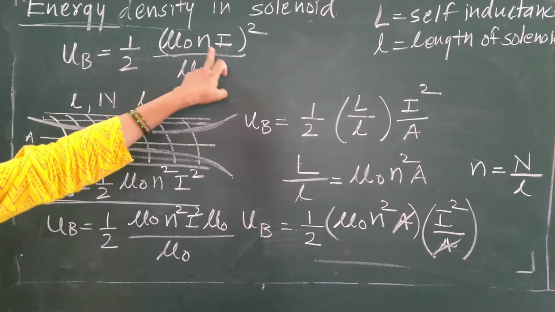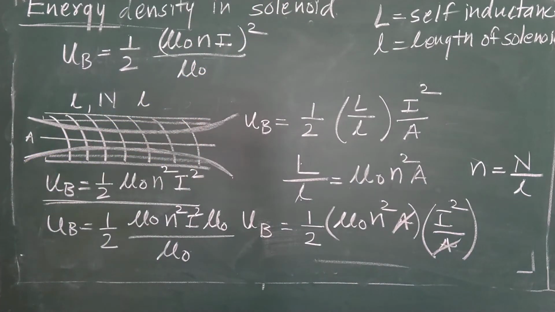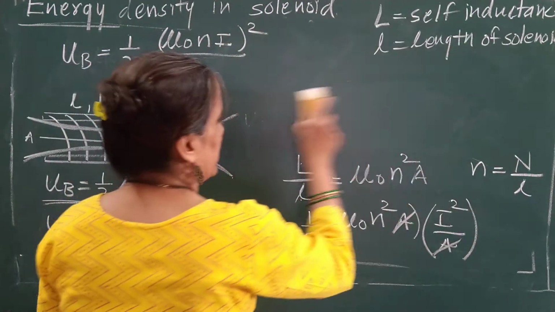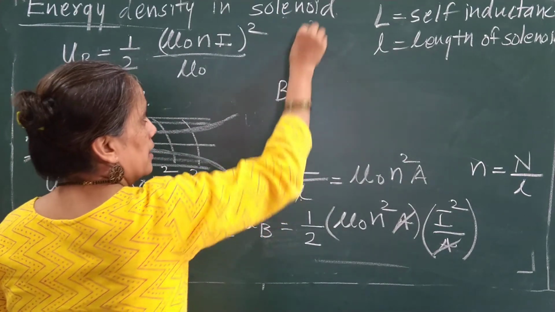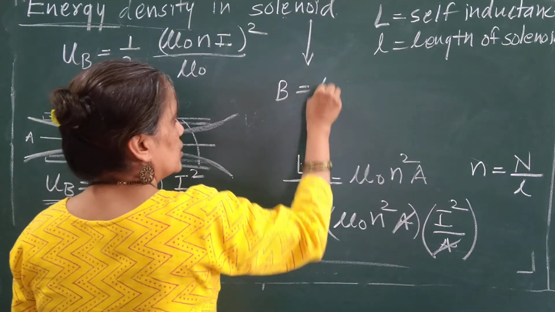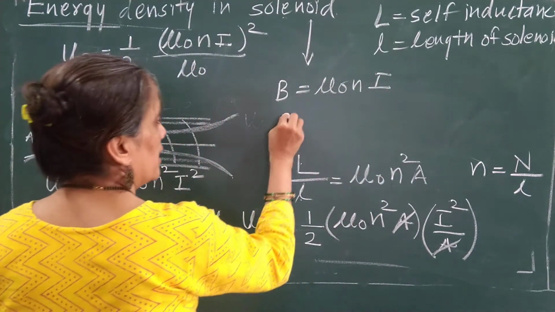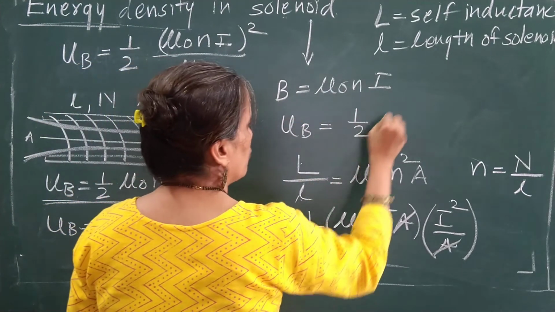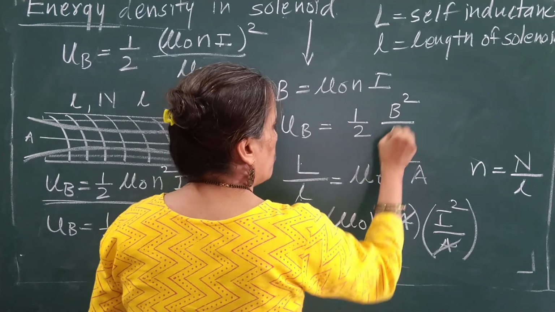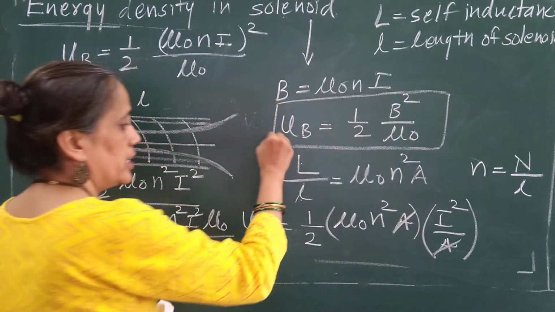And this mu0 n I is nothing but your magnetic induction inside the solenoid, which formula you have seen. So inside the solenoid your magnetic induction is nothing but mu0 n I. So energy density small u_B is equal to half B square upon mu0. So this is nothing but the energy density.